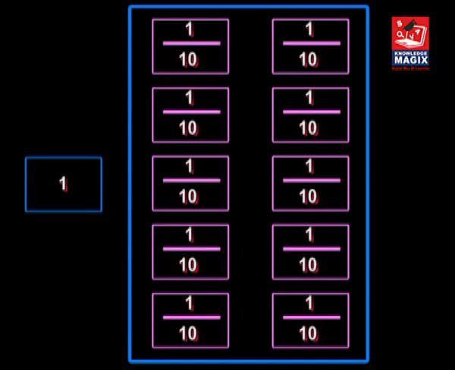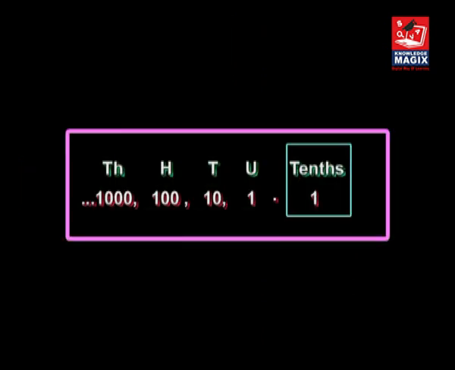Similarly, if 1 unit is divided into 10 equal parts, each part becomes 1 upon 10, and for this a place is made to the right of the units place. 1 upon 10 means 1/10 and this place is called the 10th place or the first decimal place. The decimal place is created for writing a fraction.